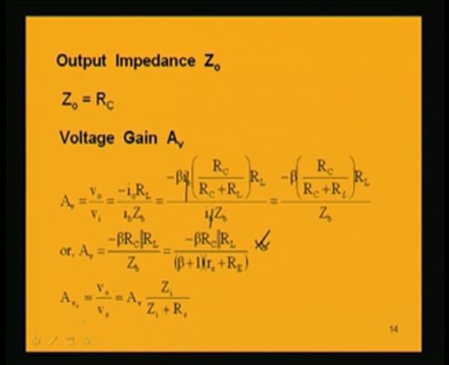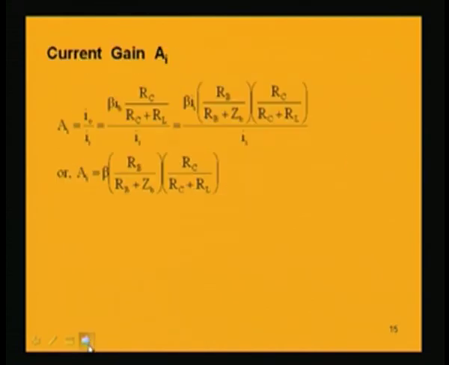Now, if we want to find the current gain, I naught by Ii is the current gain, and I naught we will write in the same way: beta times IB into RC by RC plus RL, that is the part of the current which flows through RL, divided by Ii.